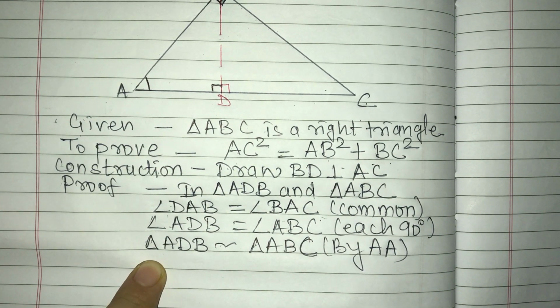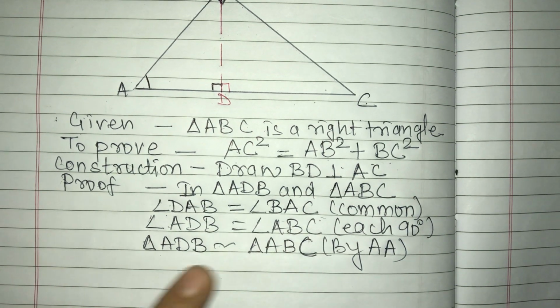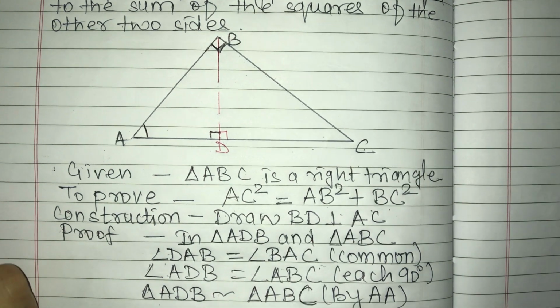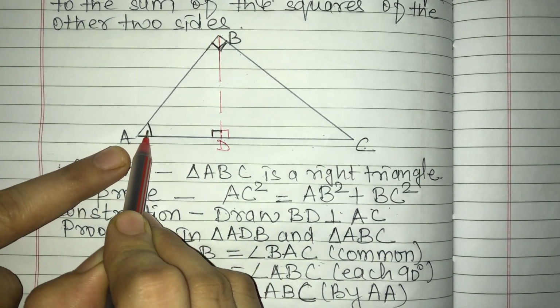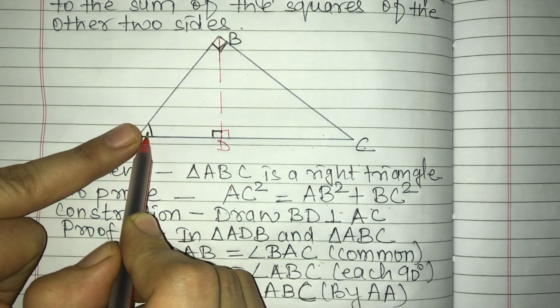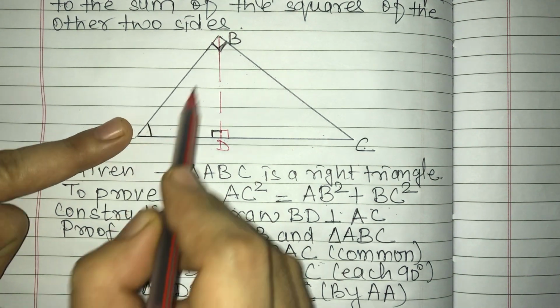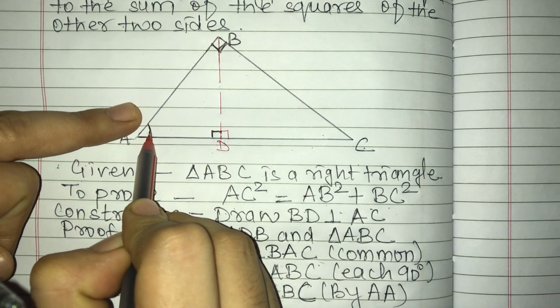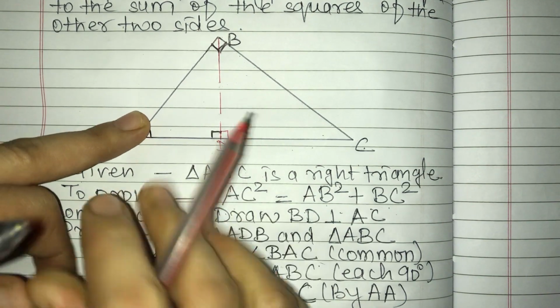Now since these two triangles are similar, their sides are proportional. So which side is proportional to which side? For this, just have a look at the angles. This angle is the common angle in both the triangles. So in this triangle ADB, the side opposite to this angle is BD.